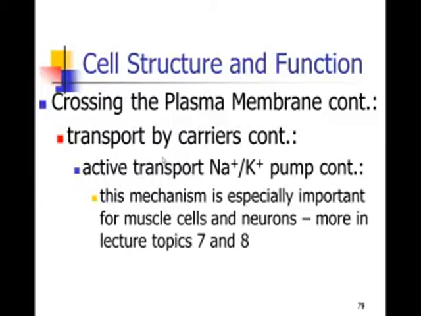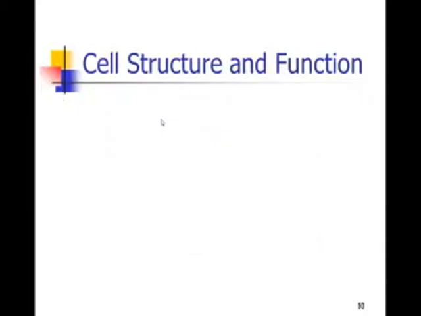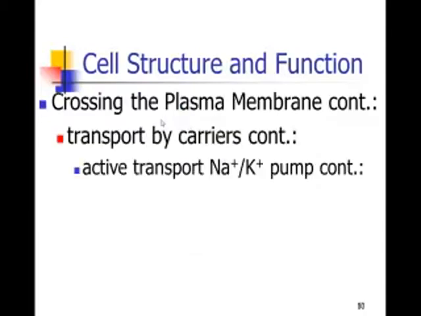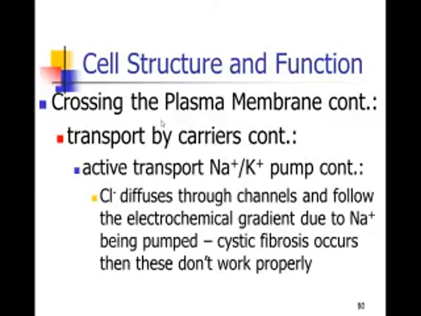As I mentioned, this mechanism is really important in muscle cells and in neurons, and it affects the activity of both. We're going to talk more about that when we get to topics 7 and 8. In addition to moving these positive ions, negative ions also move.